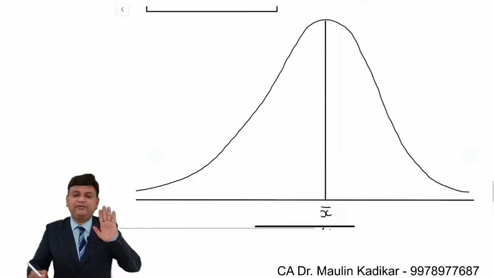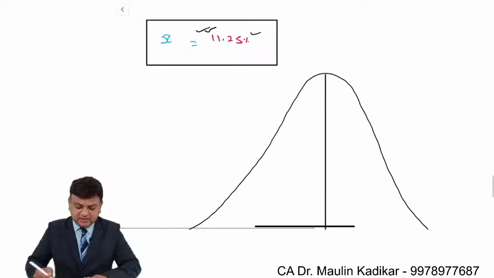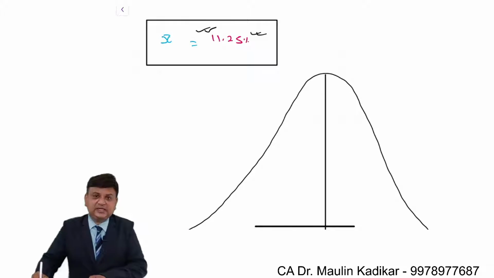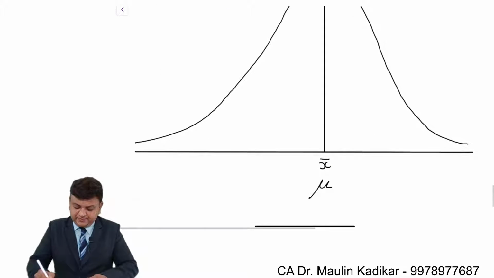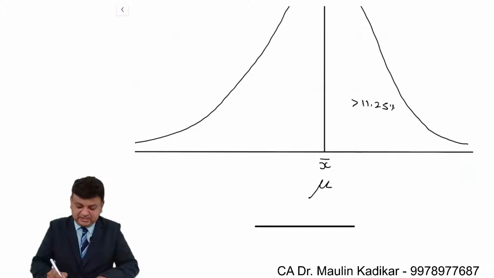It means that there are 50% chances that the return will be 11.25 percentage. It means that there are 50% chances that the return will be greater than 11.25 percentage, and again 50% chances that the return will be less than 11.25 percentage.